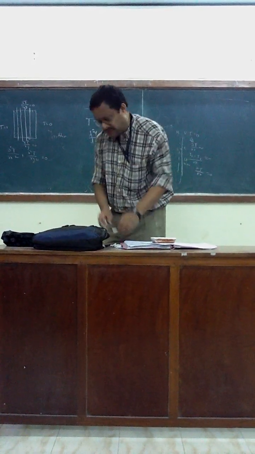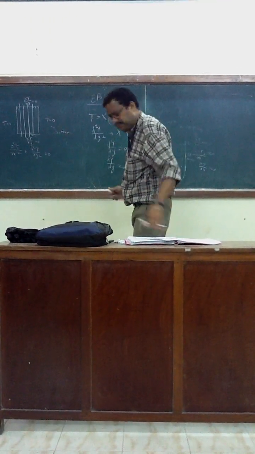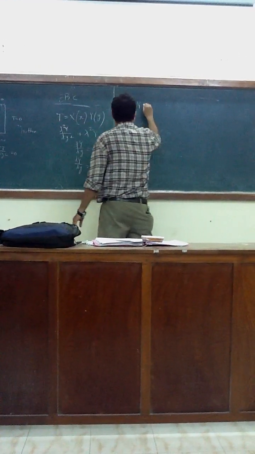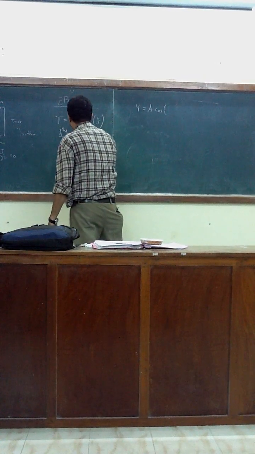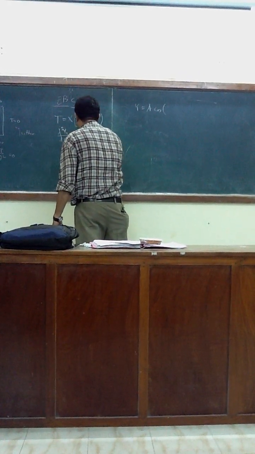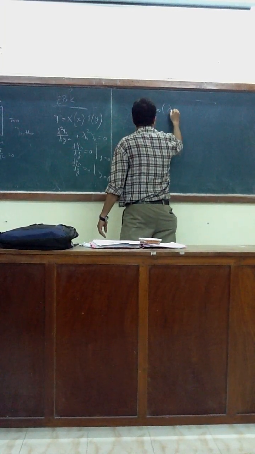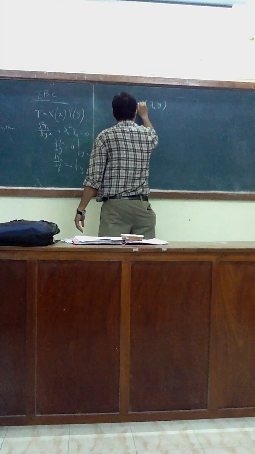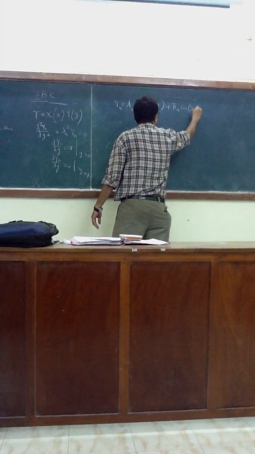The eigenfunction is Y equals to A cos. So you can actually write the eigenfunctions like this. It is better to write Yn equals An sin lambda n y plus Bn cos lambda n y.